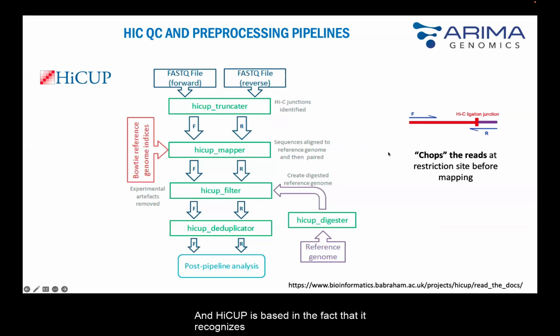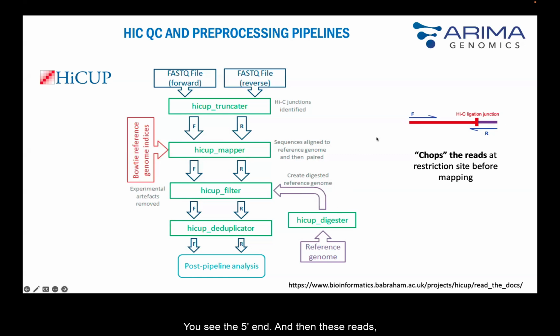And HiCap is based on the fact that it recognizes the restriction site in the reads before mapping. So whenever it sees the junction, the restriction site, it chops the reads and discards the rest of the read. You skip the 5' end.